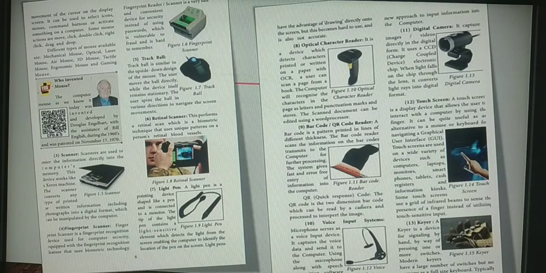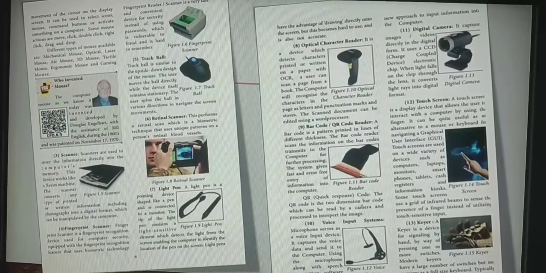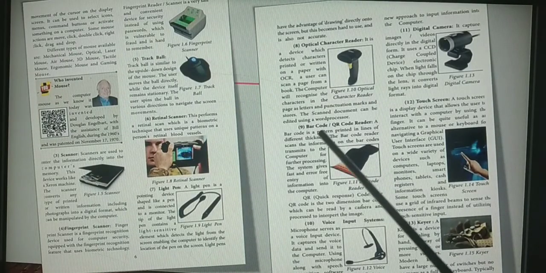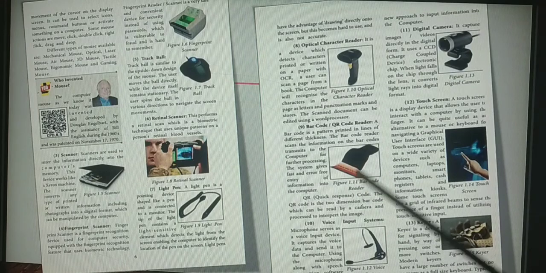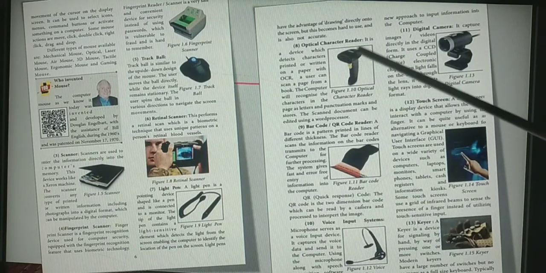There is another possibility here also. Just by specifying the heading, you have to write. Just now we finished in detail, no? They asked barcode or QR code reader in detail like this. Similarly, there is a possibility of being asked just by giving the name: write about touch screen, or write about OCR, that is optical character reader.